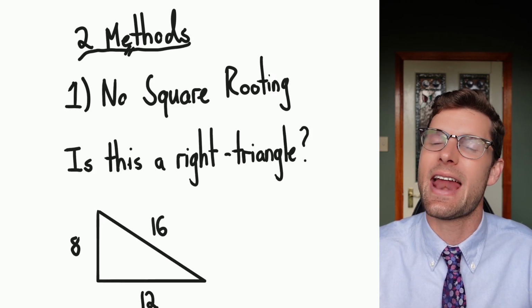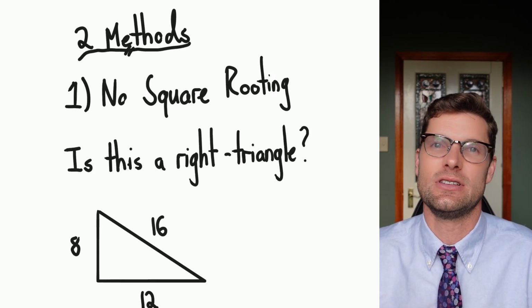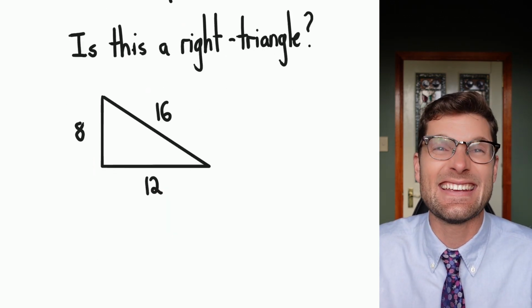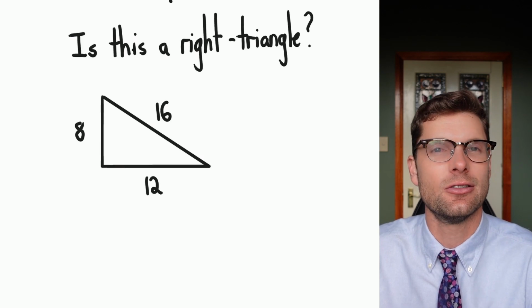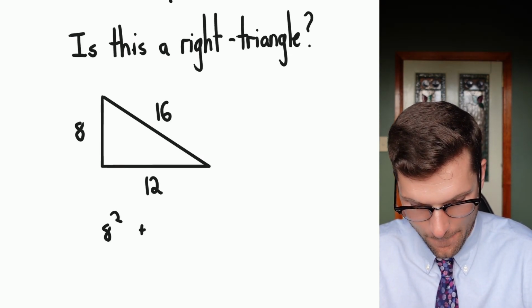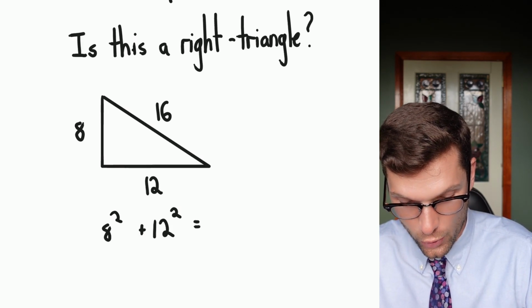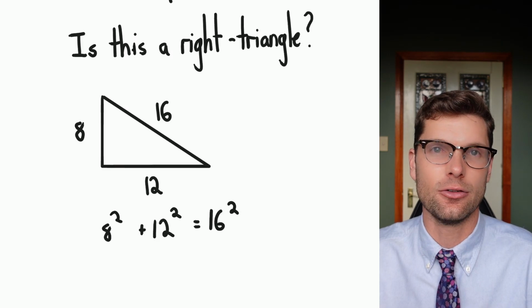We've got two methods and both of them work totally fine. The first one is showing that a squared plus b squared does not equal c squared without using square roots. So we've got to work out, is this triangle right angled? The short sides are 8 and 12 and the long side is 16. That's saying that 8 squared plus 12 squared would equal 16 squared if this triangle was right angled.